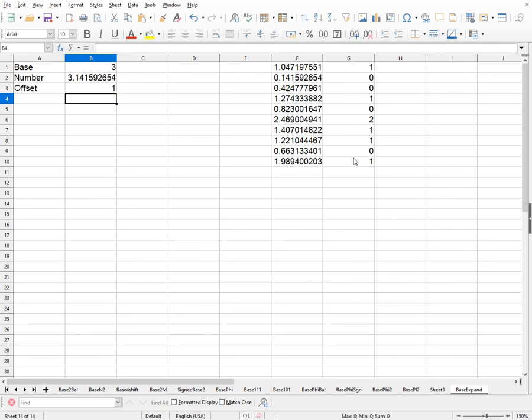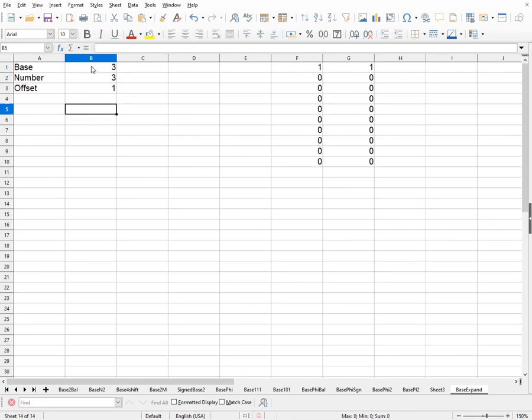That's what we had before, I believe. So that's the expansion of phi base 3. Let's try base 2.5.